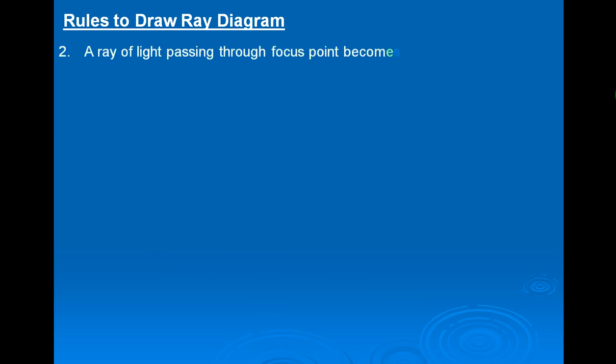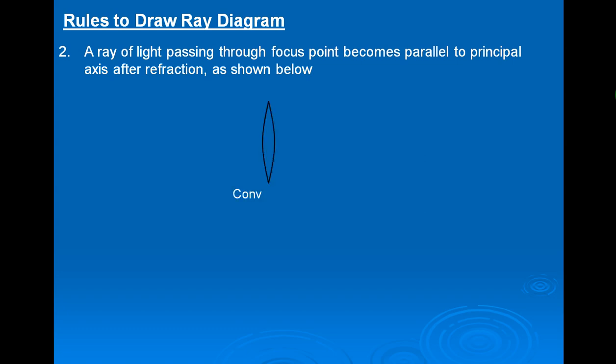Second rule: a ray of light passing through the focus point becomes parallel to the principal axis after refraction, as shown below. So this is the convex lens, point O is the optical center, and suppose this is the principal axis of the lens, and point F on the principal axis is a focus point.